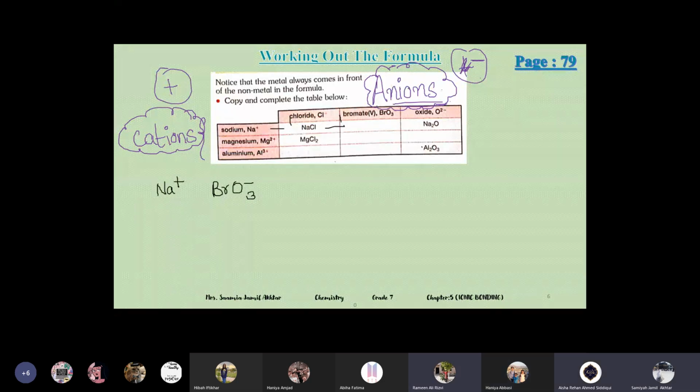Where do we have to write this Na plus and BrO3? No, this is rough work I'm doing. Here in the boxes you have to write the formula only. So Na and BrO3 means you have to solve sodium and bromate ion. Are these charges balanced? Yes, we will add.